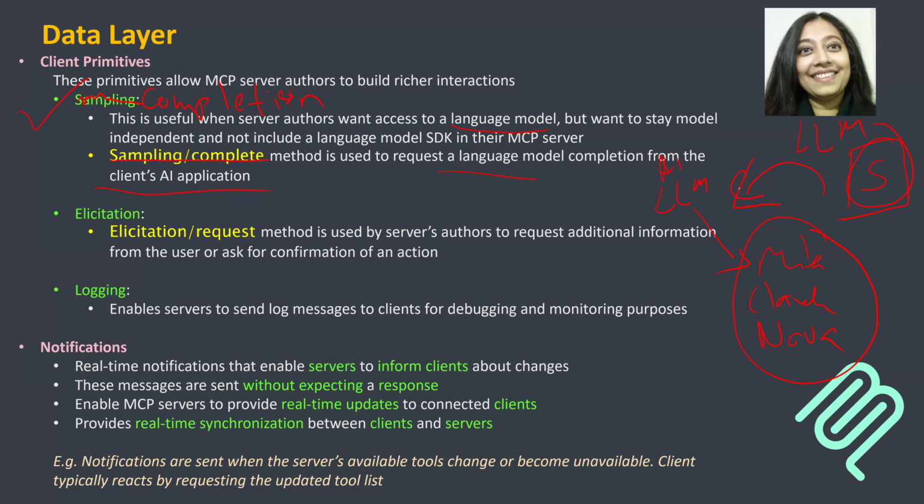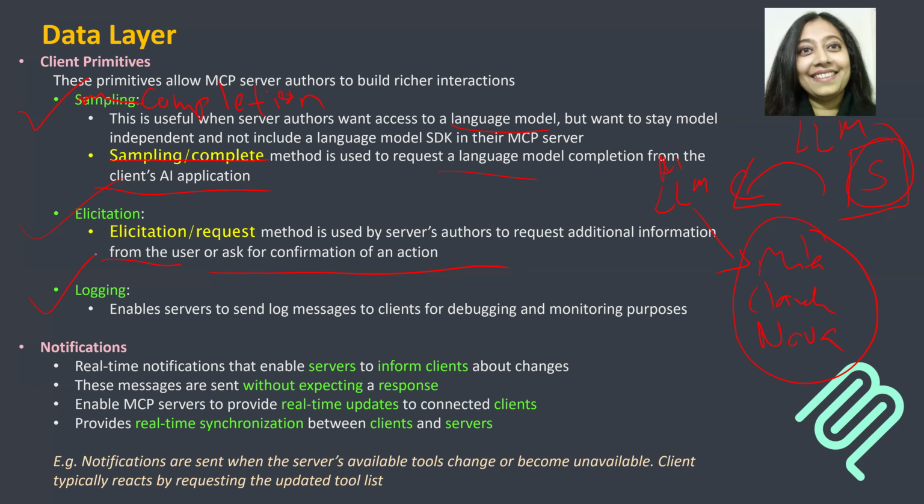Now let us look at elicitation. An elicitation request is used by the server authors to request additional information from the user or ask for a confirmation of an action. It's very simple, pretty straightforward. And finally, we have logging.